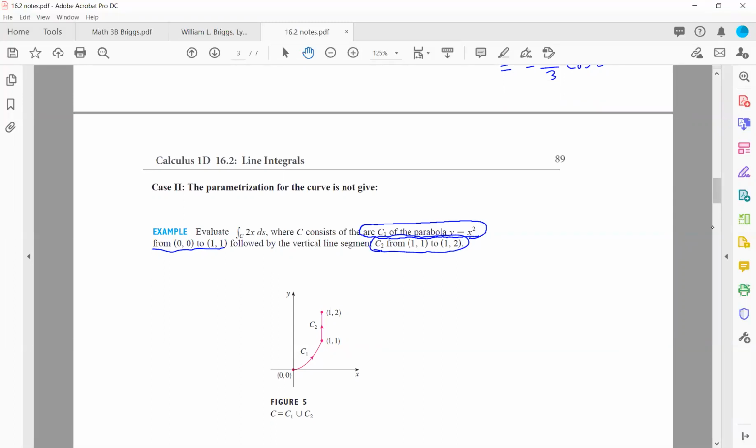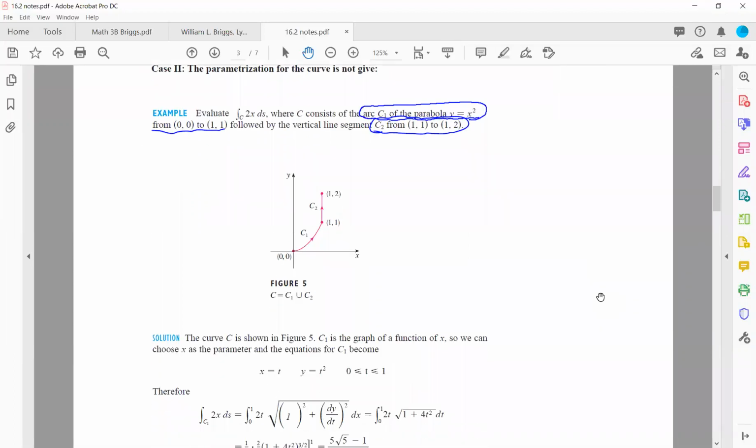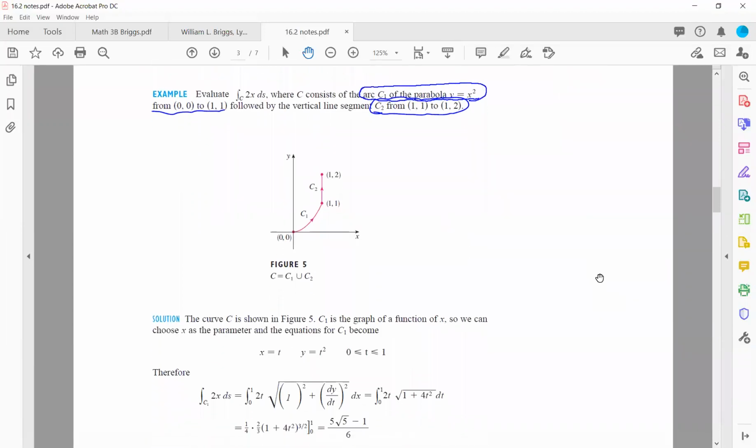So this is the second curve, just a straight line. And C is defined to be the union of these two curves. So our goal is to find this integral. Perfect.